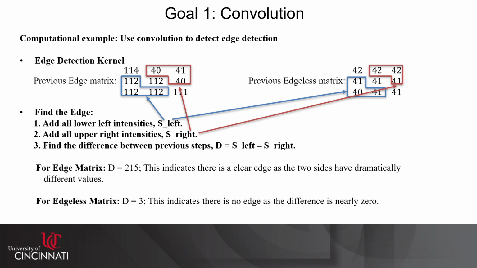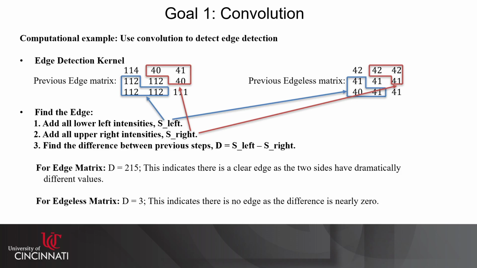Now, if we take the lower left, the blue portion, we add them together, and minus the red portion, what we see is when there is an edge, there's a big difference.